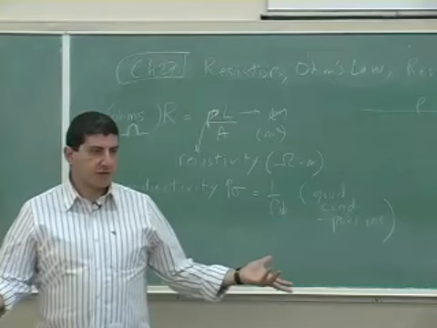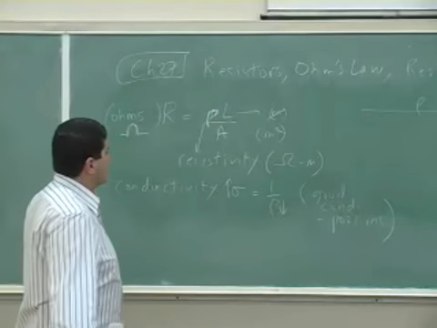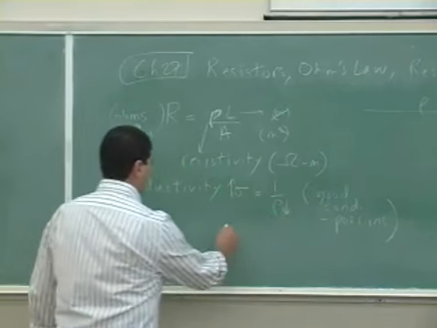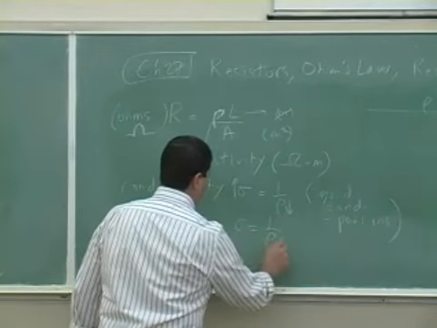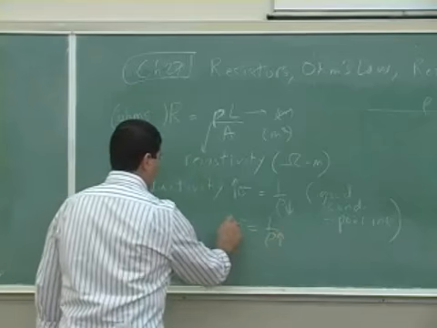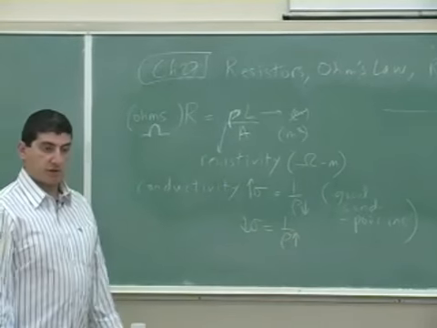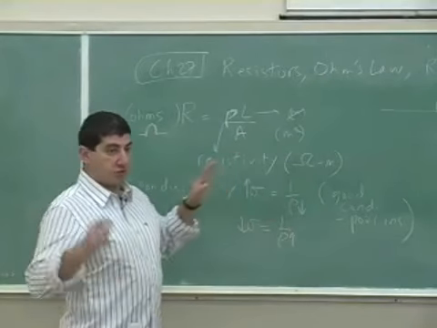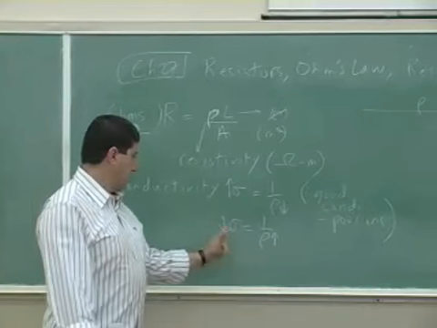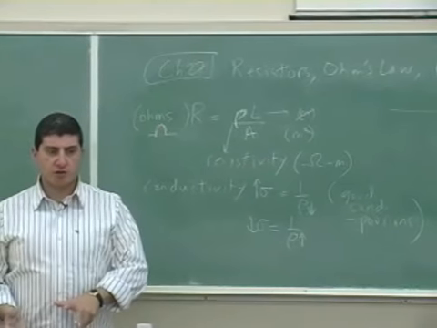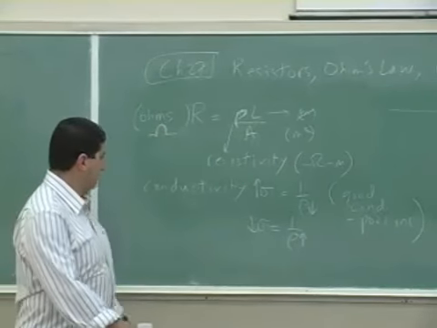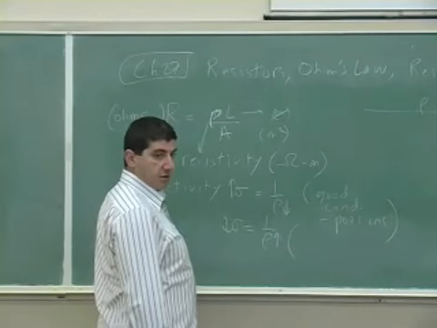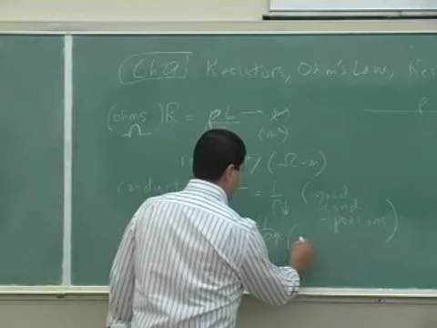The less the rho, the more the sigma. And the more the rho, the less the sigma. So that would be a material that has a high resistivity. It resists the flow of electrons. And the conductivity would be poor, so we could classify that as a good insulator, but poor conductor.